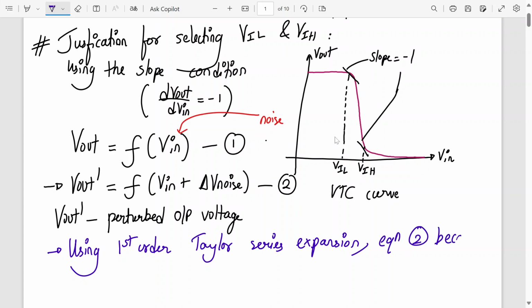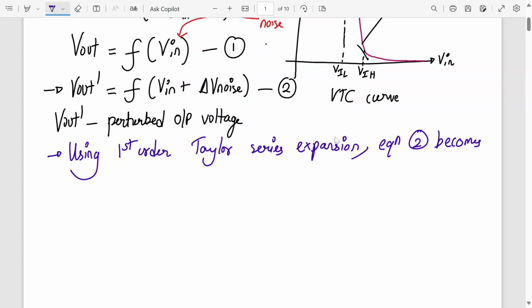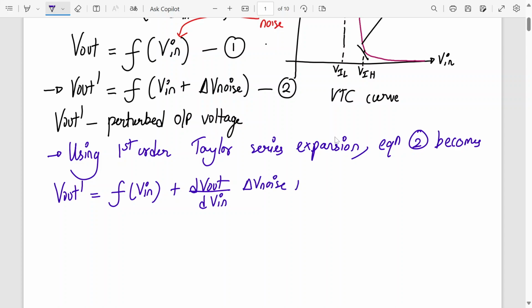So equation number 2 becomes V out dash is f of V in plus dV out by dV in, yes or no, into delta V noise, plus higher order terms, d squared V out upon dV in squared, delta V noise squared, right? I am writing it as higher order terms, which we will neglect in this case because delta V noise is very small. So that will be very close to 0. So the higher order terms are neglected. Let's call this equation number 3.